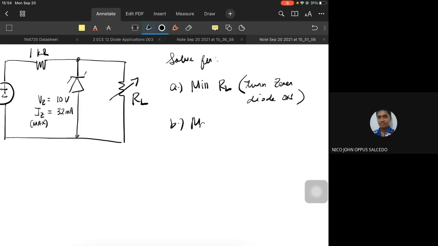And the maximum RL such that the Zener diode does not burn, be destroyed, so not be busted.